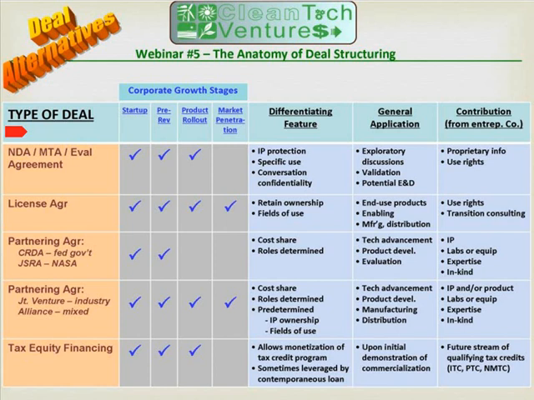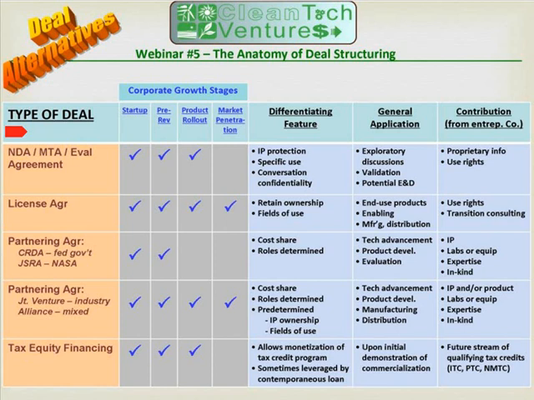Carl will talk about licensing with his illustration, and Mark will talk about tax equity financing or tax credit financing. There's another slide here with additional transactions on it, but we'll focus first on this slide, this first of two.